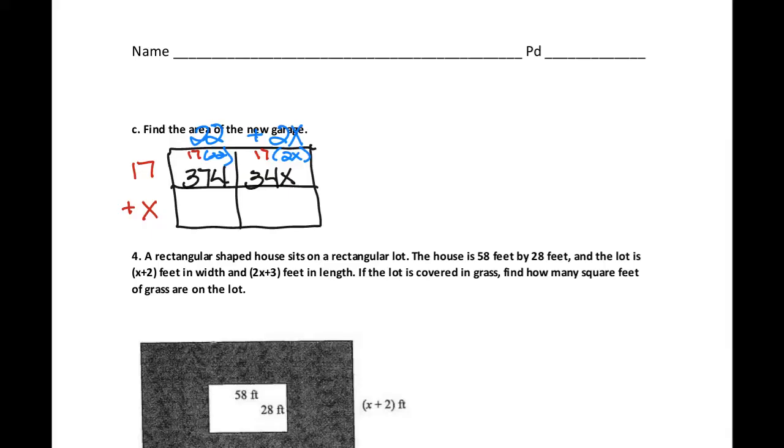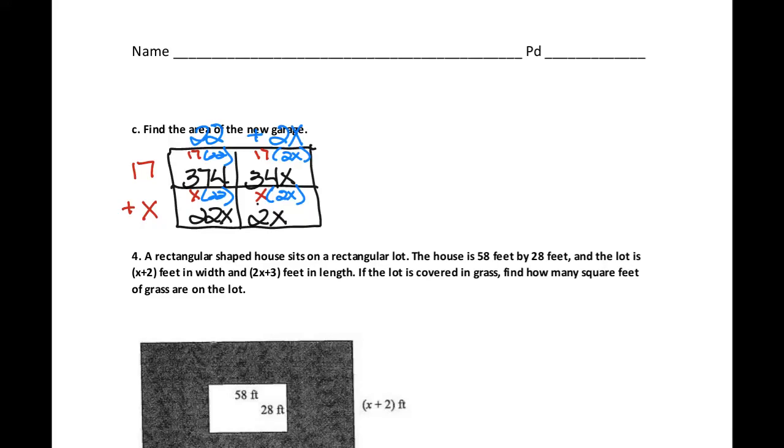Then I have a positive x times 22. Okay, that's 22x. And my last one is x times 2x. And that gives me 2. And what's x times x? X times x?